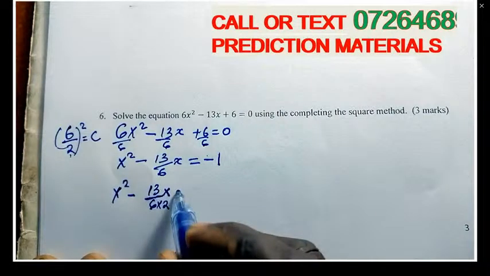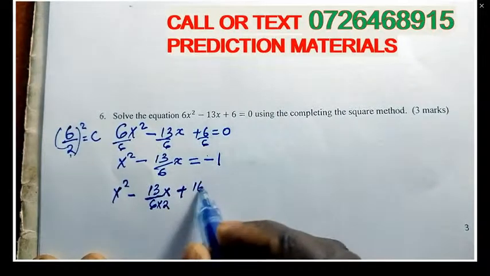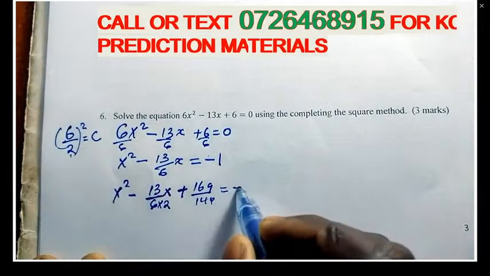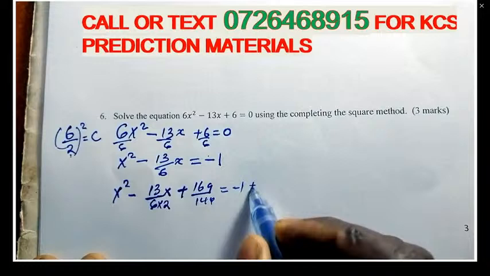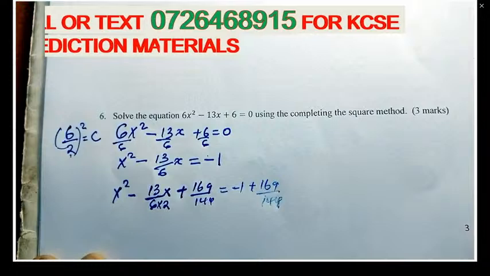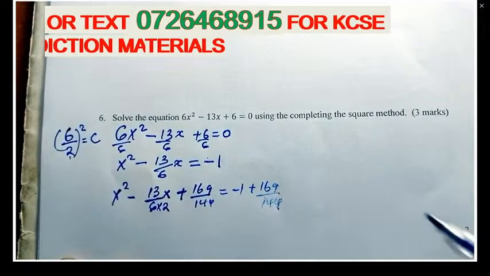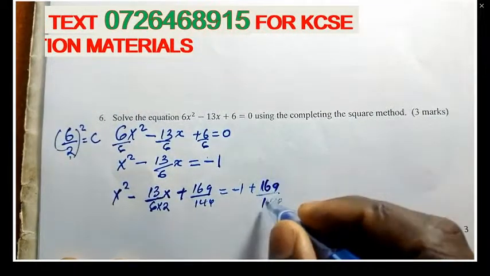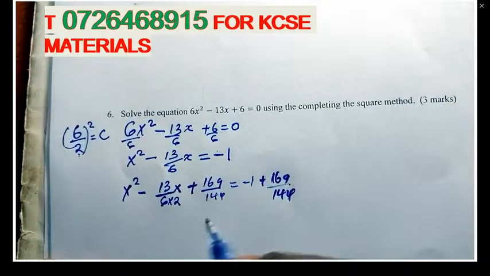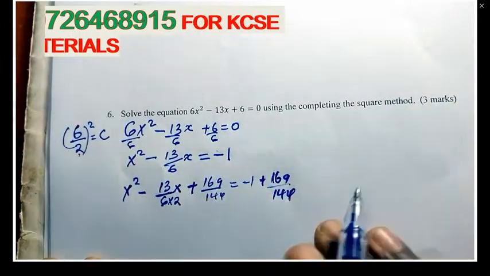This one will be 169, the square of this, over 144. We go to the other side, negative 1 plus 169 over 144. So this one disappears because we have added on both sides.